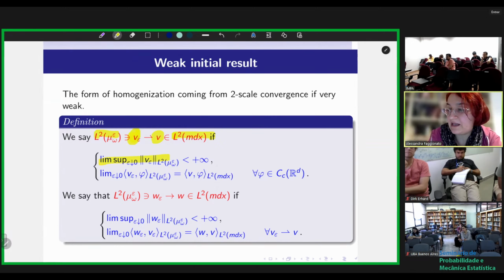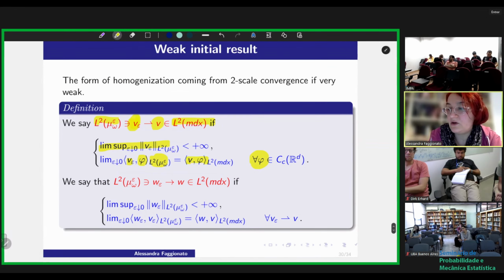And if you take the scalar product of V epsilon with the test function phi, which is continuous with compact support, this scalar product in the associated L2 space converges to the scalar product of V with phi in L2 in MDX. You can also define a strong convergence by taking now not a fixed test function, but by testing against weakly convergent sequences.